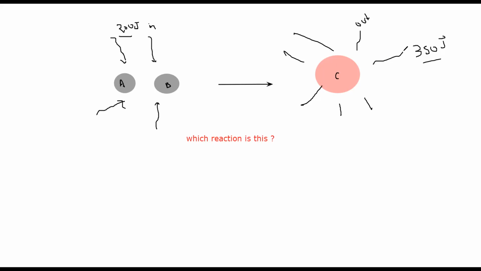Why? Because energy released or energy given out is more and energy absorbed is less. Only 200 joules of energy is absorbed, but as a result, 350 joules of energy is released. So the reaction is exothermic. You can also use your mics to convey the answer.